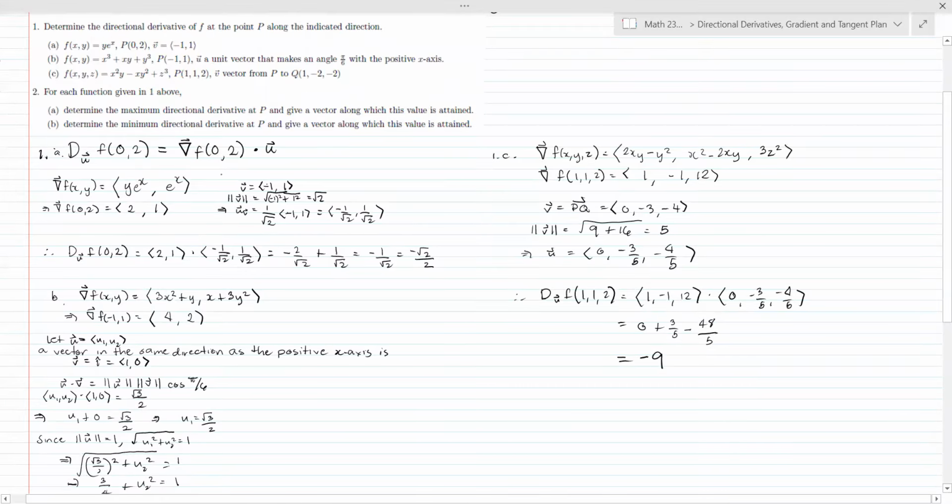Okay? And then sa number 2, determine the maximum directional derivative at t. Give a vector along which this value is attained.